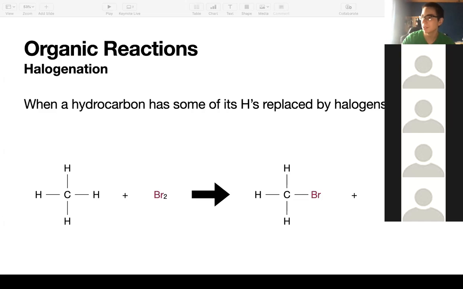So this Br swaps places with hydrogen. So it becomes methyl bromide, or bromomethane, and HBr. And yeah, that's halogenation. Any questions on halogenation?